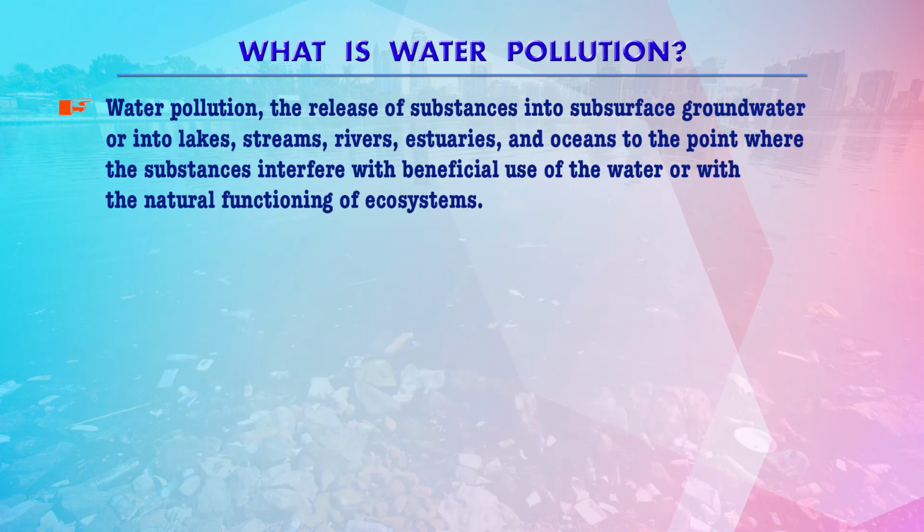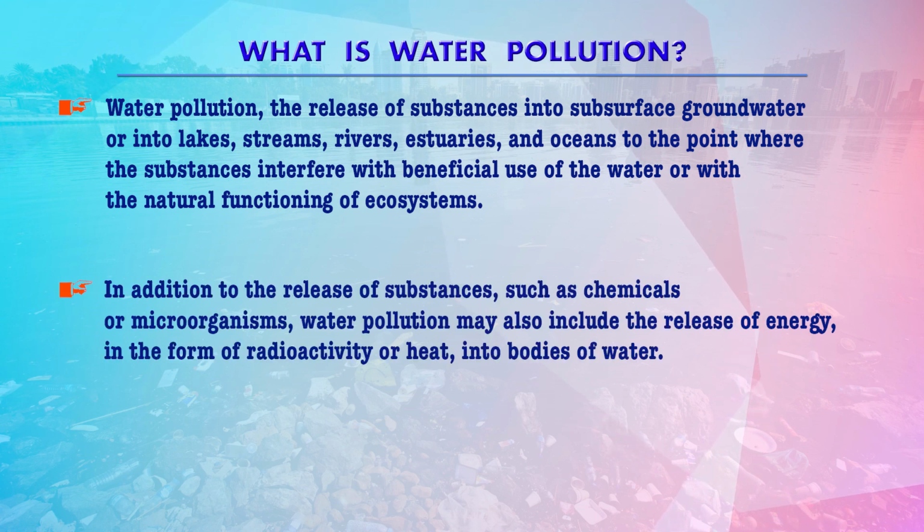Water pollution mainly involves the release of substances into the subsurface groundwater or into lakes, streams, rivers, estuaries and oceans to the point where the substances interfere with beneficial use of the water or with the natural functioning of ecosystems. In addition to the release of substances such as chemicals or microorganisms, water pollution may also include the release of energy in the form of radioactivity or heat into bodies of water.